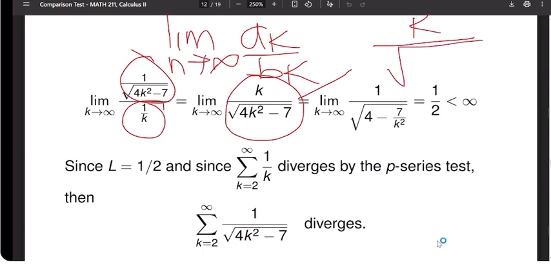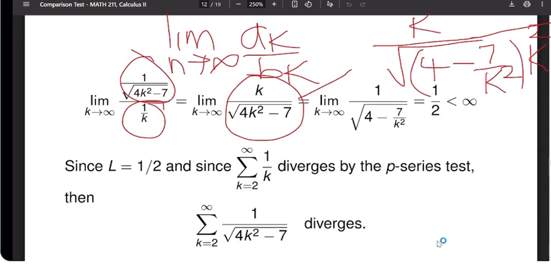If I divide that by k squared, I'm going to have 4 minus 7 divided by k squared, and of course, I have to multiply by k squared. Otherwise, I'm going to mess that up mathematically.